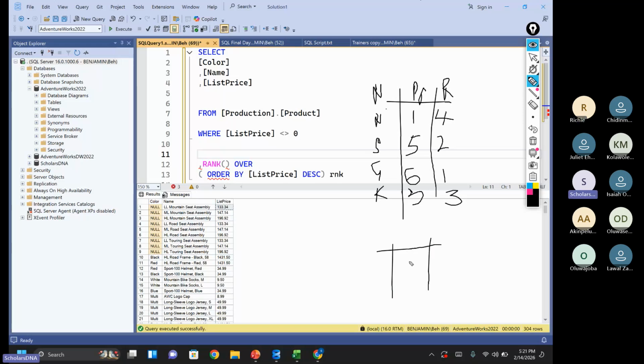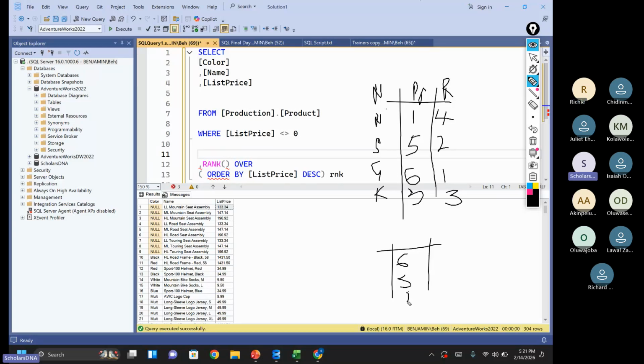We can arrange it in descending order. Sorry, I'm using my mouse to write, so I might have a challenge. So just imagine I'm ranking it. This will be 1, this is 2, this is 3, and this is 4.